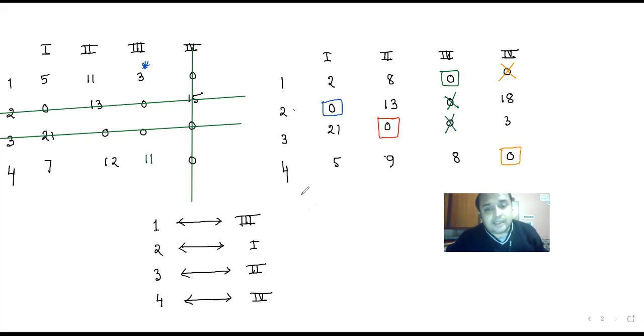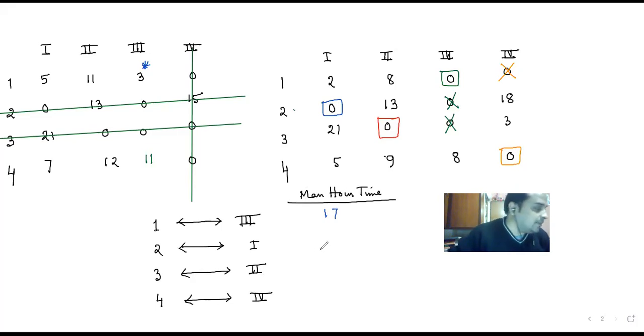This is the solution. And the man hour time would be, if subordinate 1 gets task 3, the man hour time from the original table is 17. If subordinate 2 gets job 1, the man hour time from the original table is 13. If subordinate 3 gets job 2, the man hour time is 19.